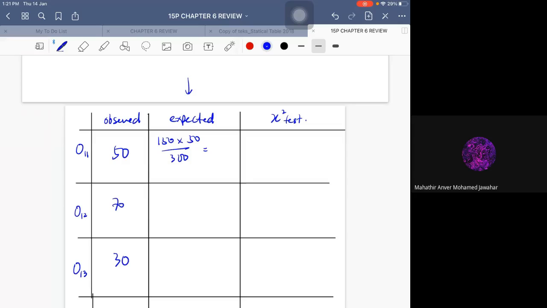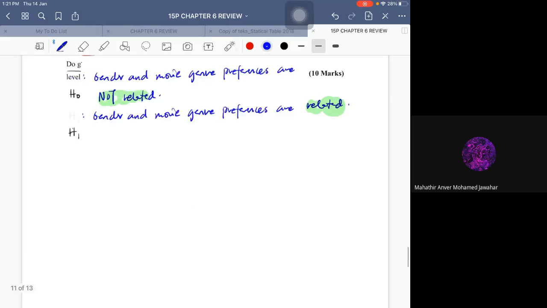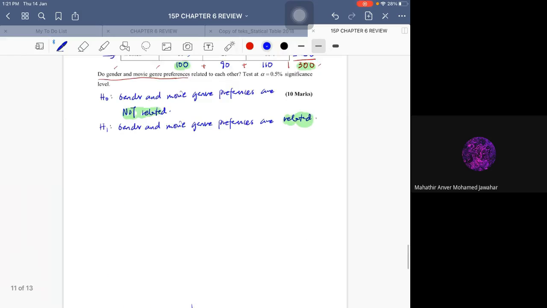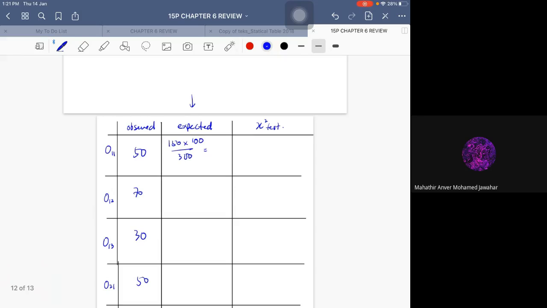Hold on, I was looking at something else here. Oh, sorry, that's the wrong value. It's not 50, the column sum is going to equal 100. So it's going to be 150 multiplied by 100 divided by 300. So what value? 50. So that is going to be a value of 50.